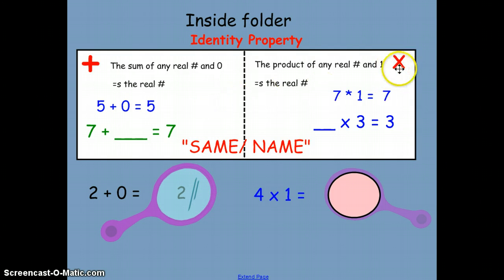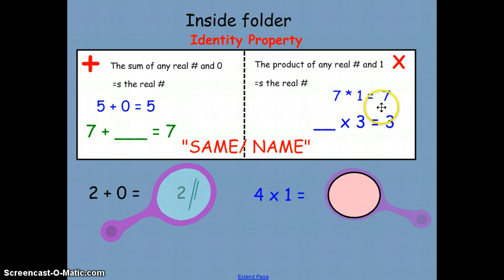Now let's move over to the multiplication side. Same thing. The product of any real number and 1 equals the real number. So again, identity, you're identified by your name. The numbers are identified by their name. They keep their identity.